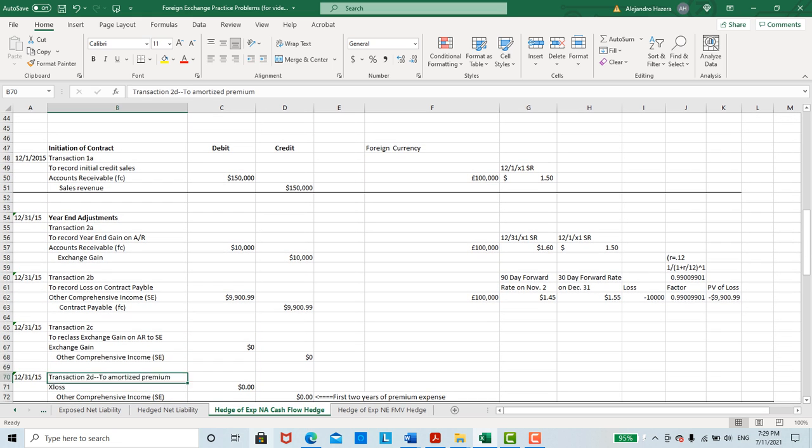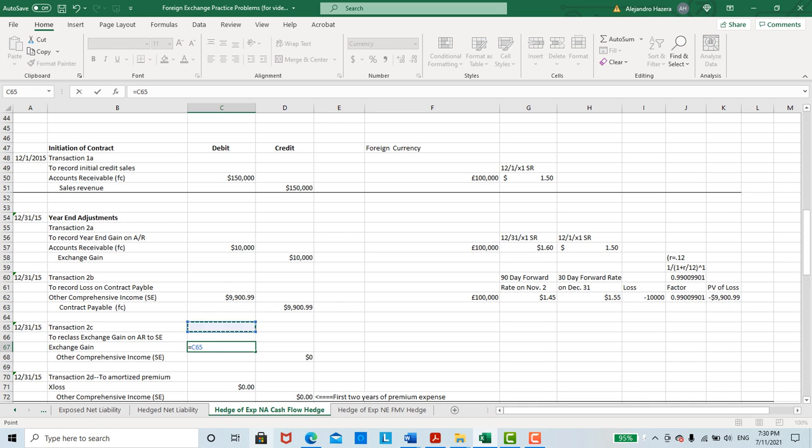So what we're going to do is take this gain here. We're going to do it in the last part of this too. We're going to take that gain there and close it to OCI. So we're going to take this gain here, make it 0, and transfer it to OCI.